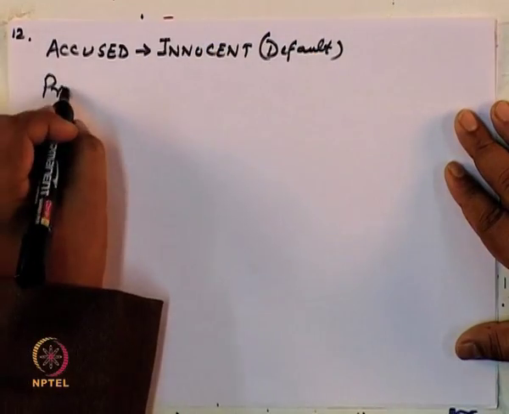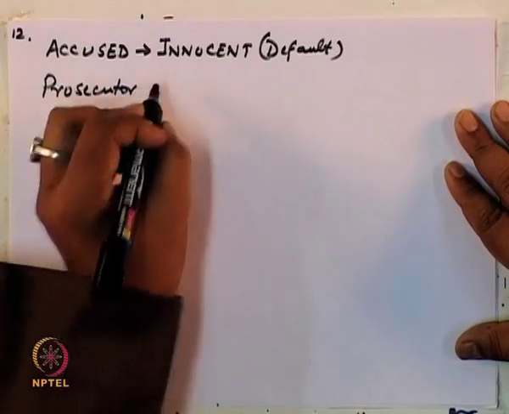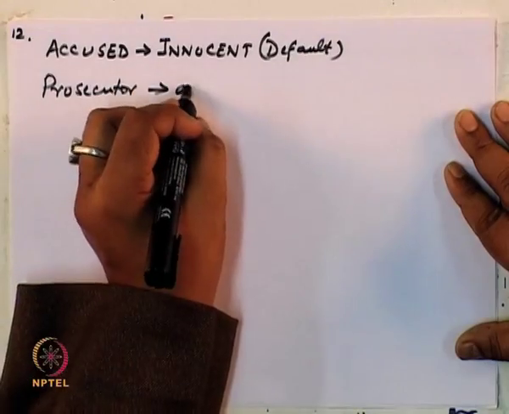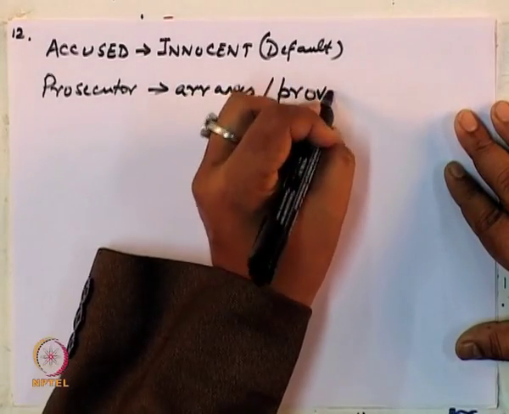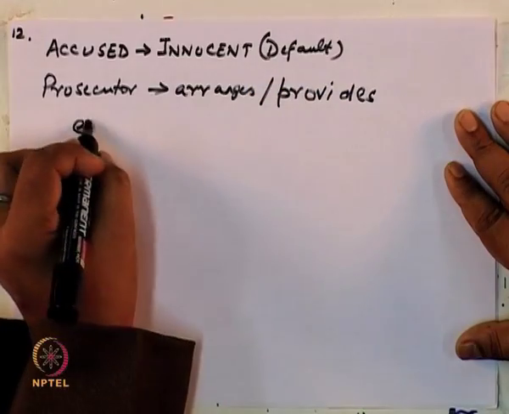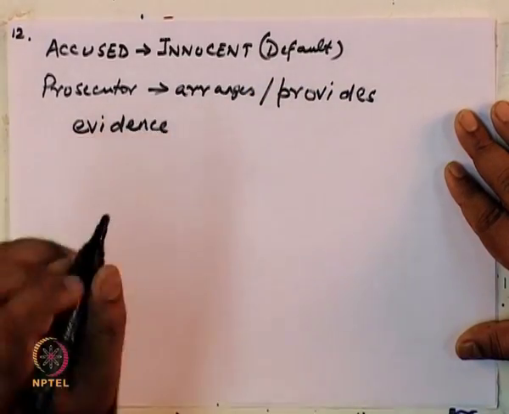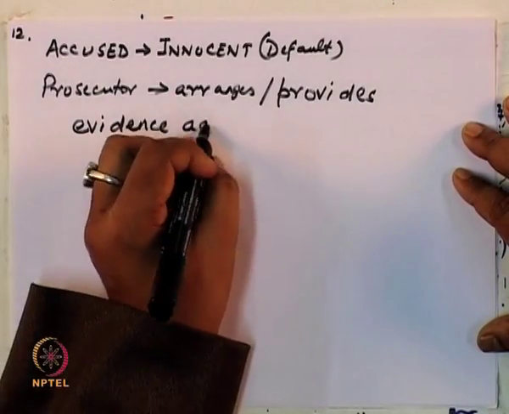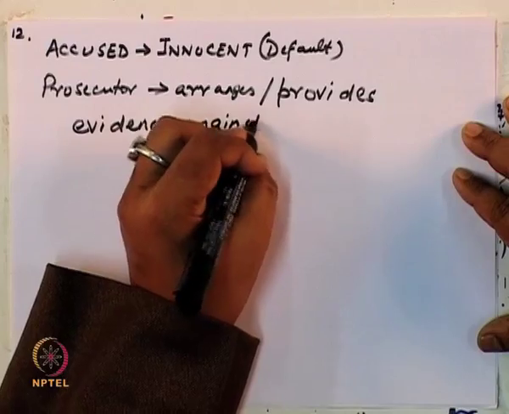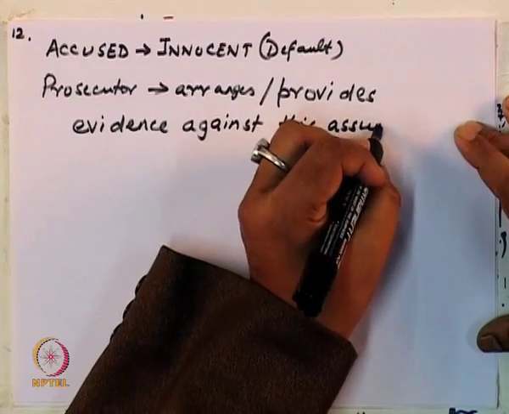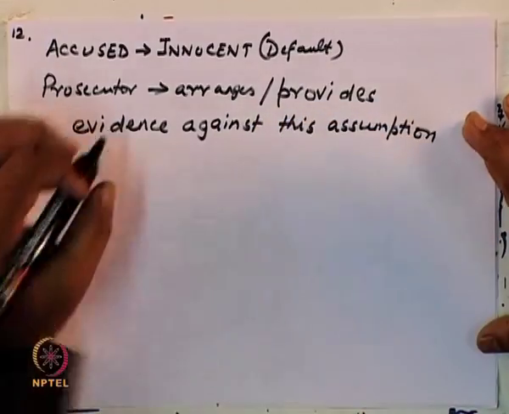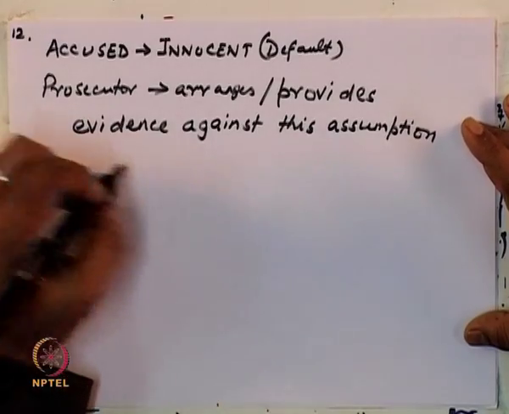What the prosecutor does is arrange and provide evidence against this assumption. If the evidence is significant, then the accused is pronounced guilty.